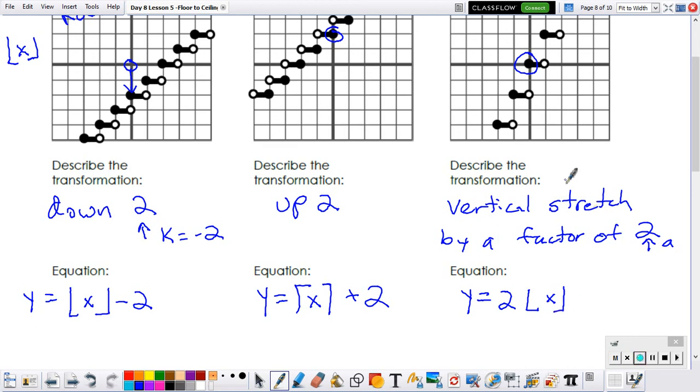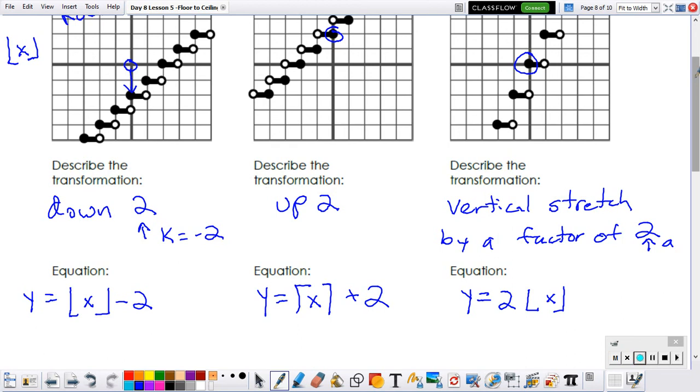Awesome. So what I want you to do is look at the bottom of page 28 and look at the 3 functions, and take about 30 seconds to describe what kind of function it is and what the transformation is. I'll give you a hint. Each one of them has only one transformation, and then we'll graph them together.